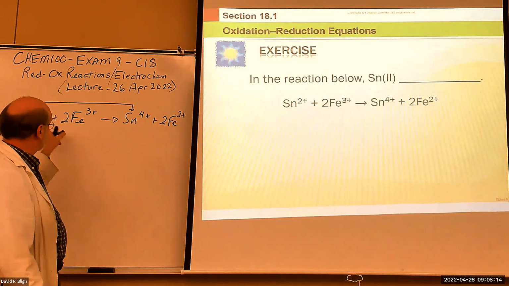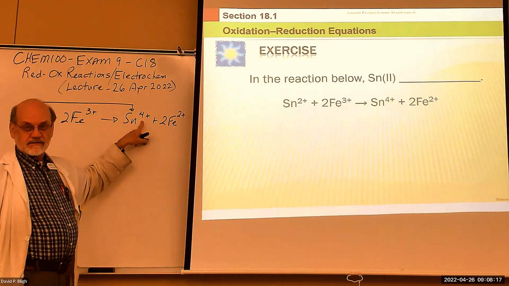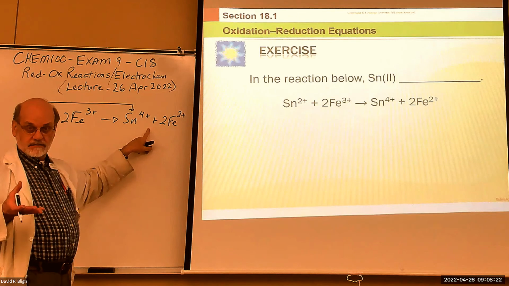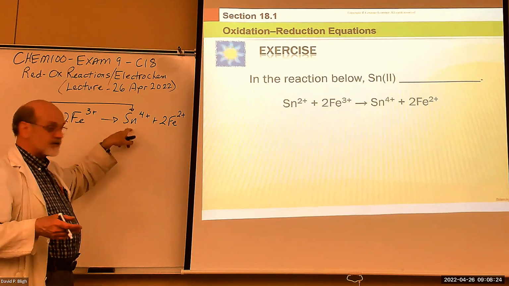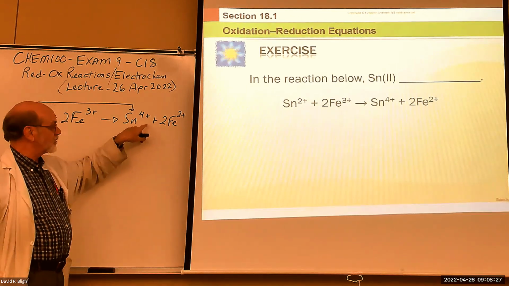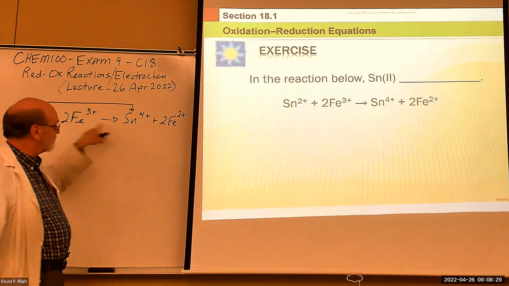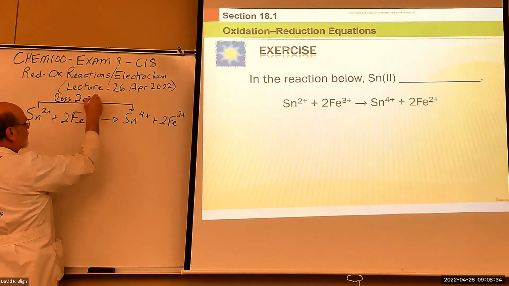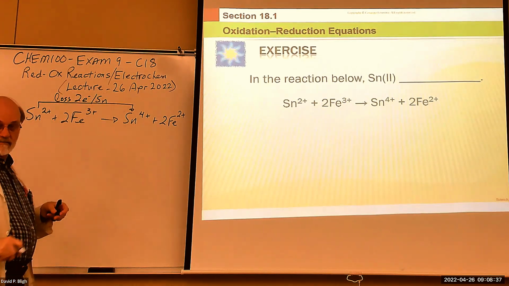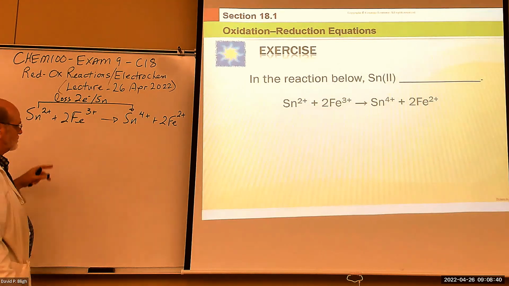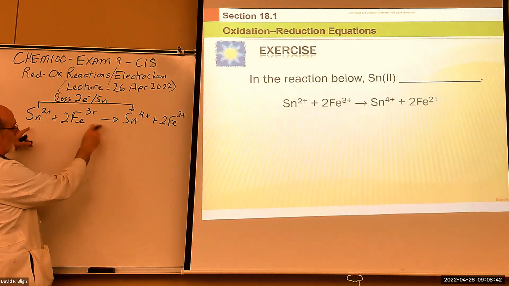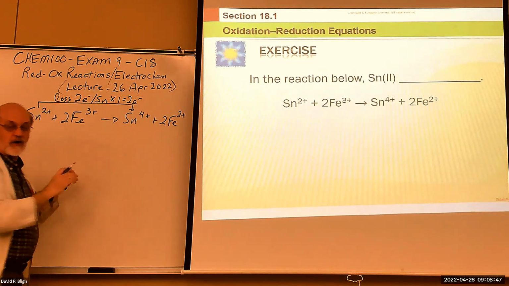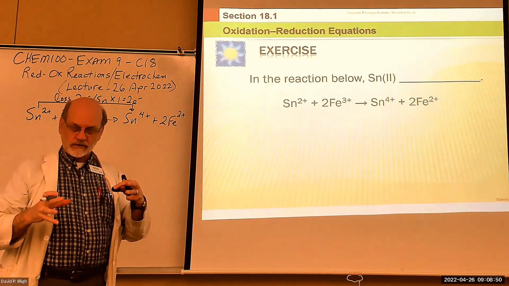If we lose 2 negatives, that makes us go from 2+ to 4+, an extra 2 positives, which are protons. Right? Protons in the tin nucleus account for that extra 2 pluses. So we lost 2 electrons for each tin. And since there's only one tin, that means 2 electrons were lost from tin total for this reaction.